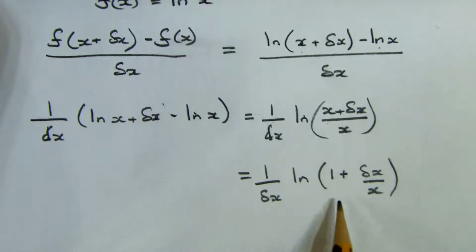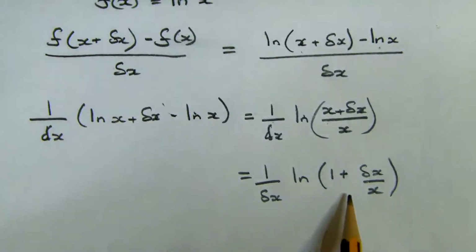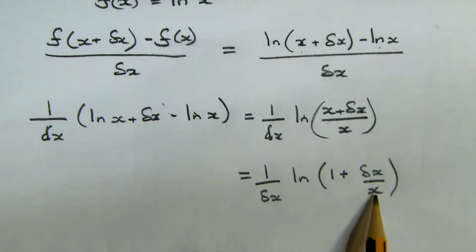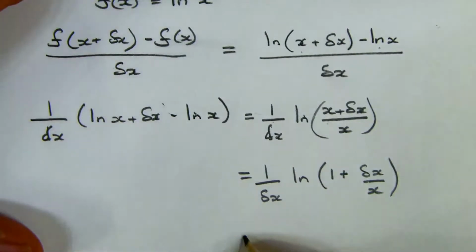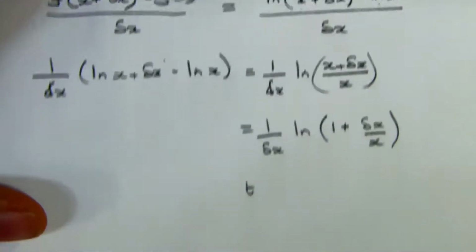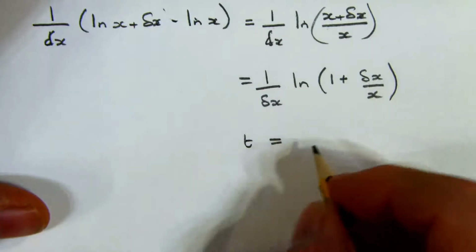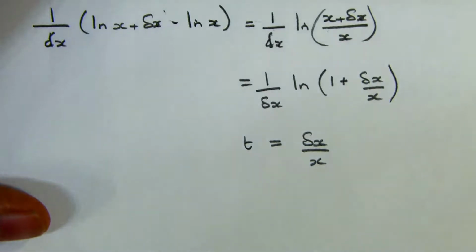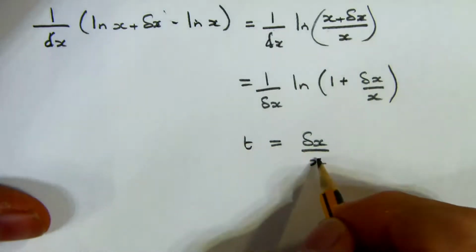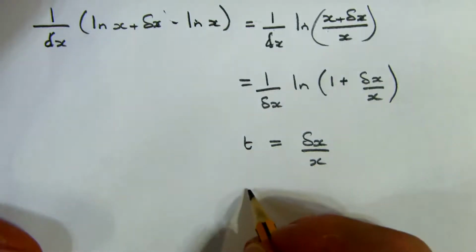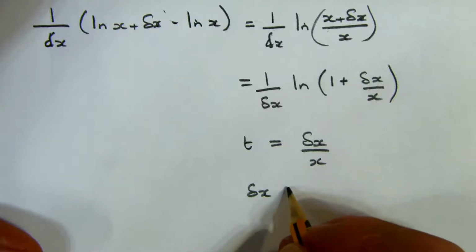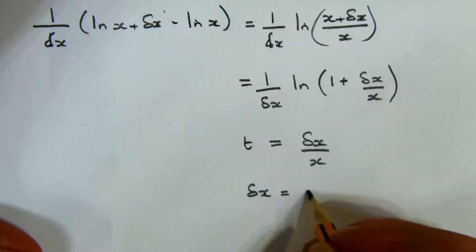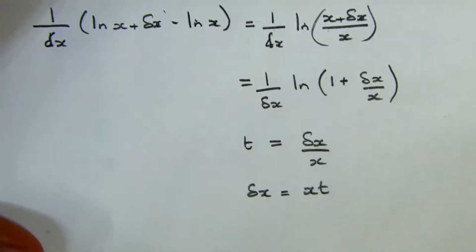Now, in order to try and make this a little bit easier, I think I'm going to need to try and make my life a little bit easier. And let's say that I set a variable t, and t is going to equal delta x over x. And we could rewrite that by saying, well, that delta x is going to be equal to x times t.